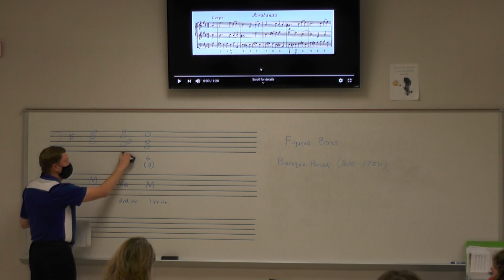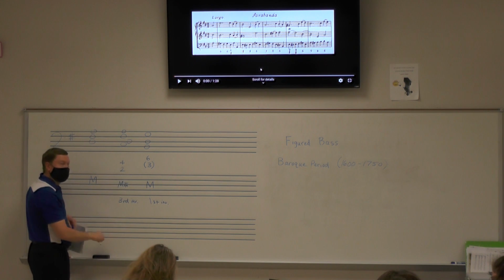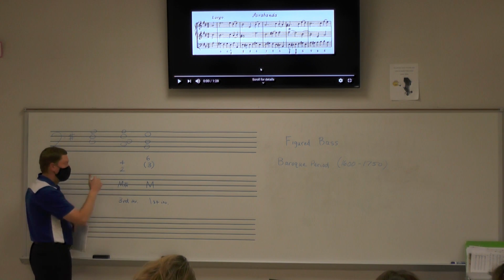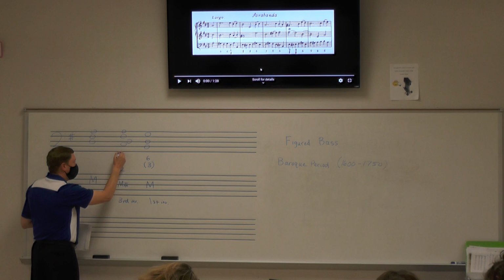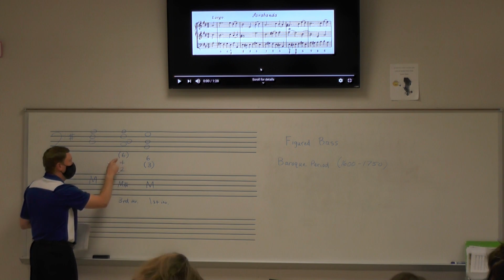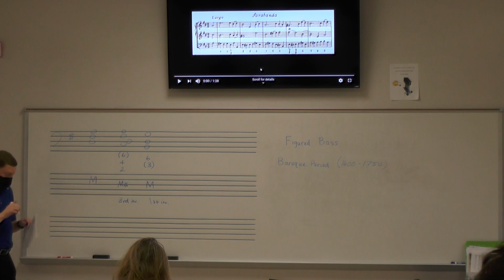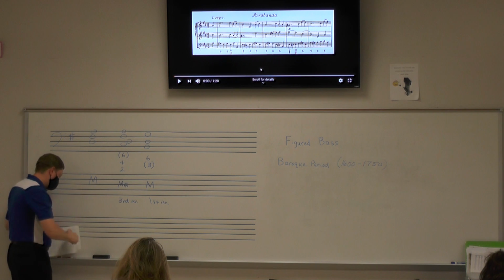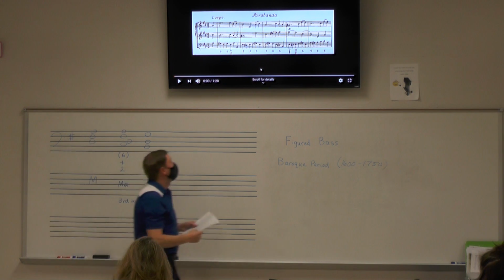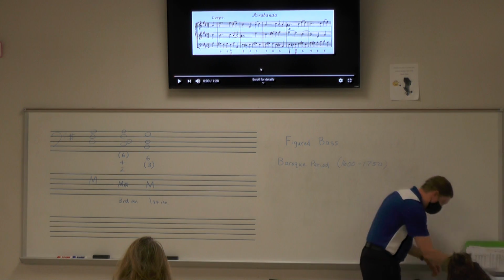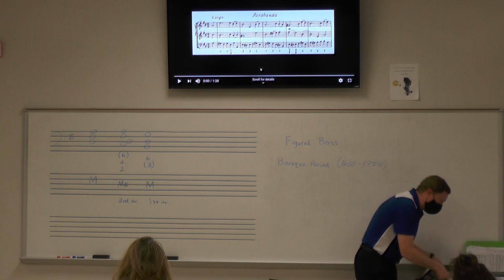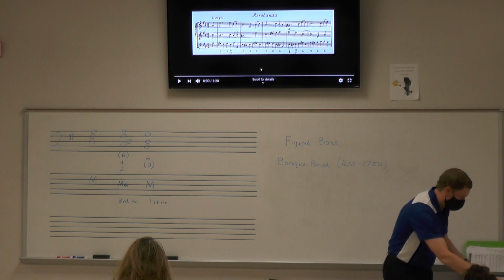And of course, 6-4-2 is shortened to 4-2. But we have to realize for figured bass to get the full seventh chord, we have to infer and interpret that that number is still there. I have shown you this page before, this table, this chart on page 44.